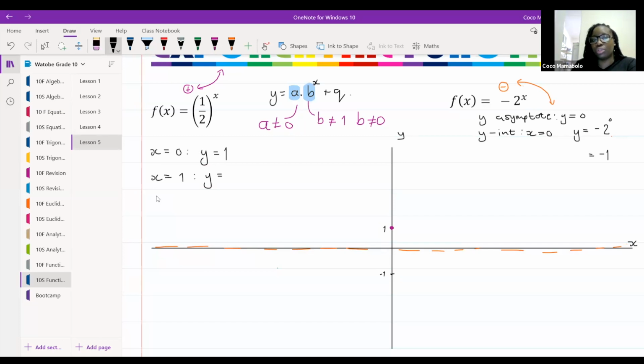A half to the power of x will give us, that's it, well done, it will give us a half, right? If x is equal to 2, what will I get? y will be equal to what? Good. 1 over 4.